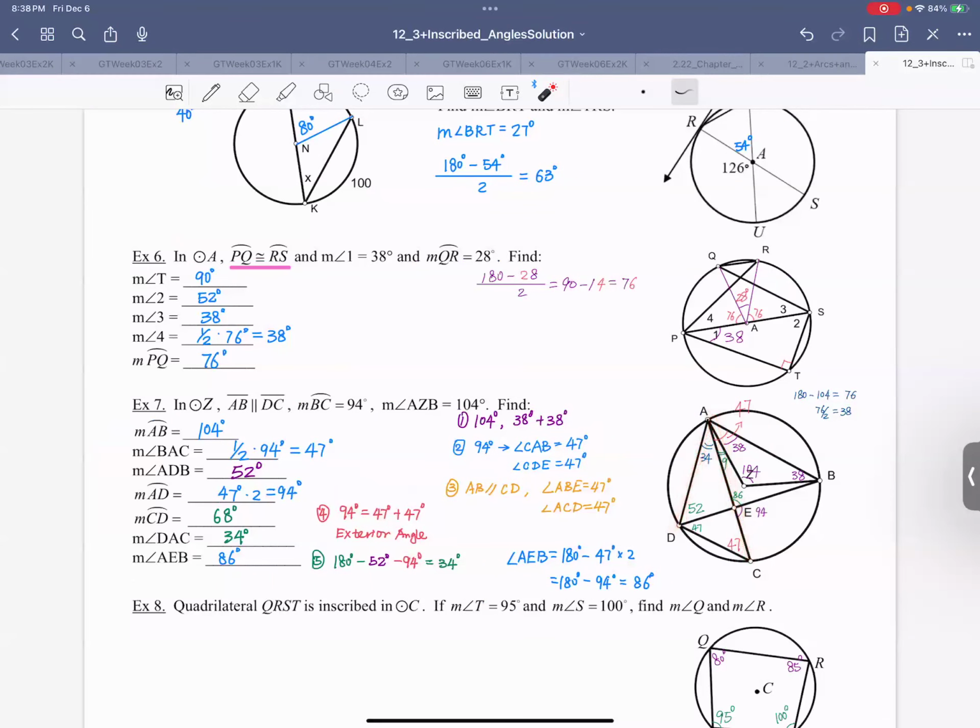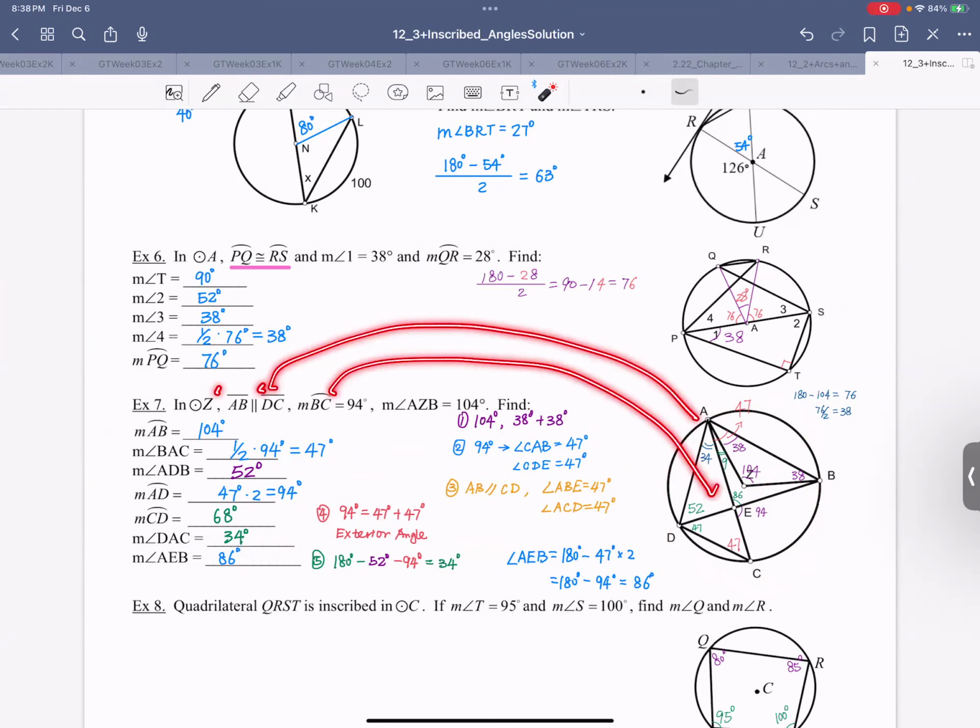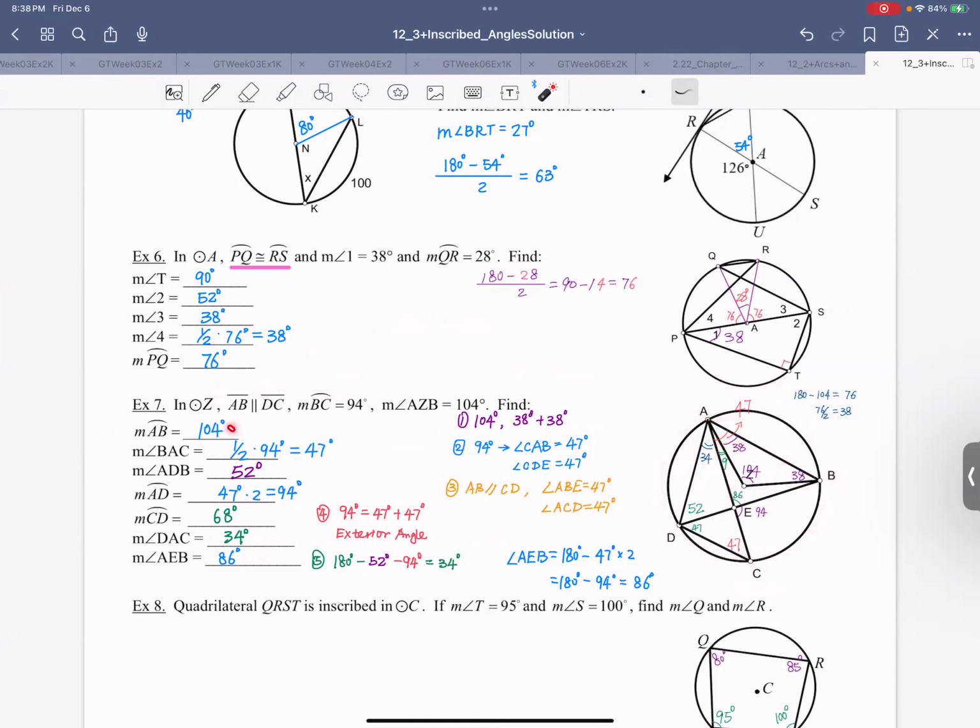DAC, which is 34. Just copy down. And then AEB, 86. Okay? In that way, we finish everything. You used to think this question is tough. When you start to write down every condition and start to push this all the way around the circle, every single spot has the correct answer.